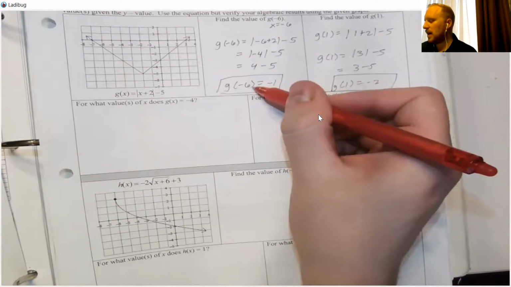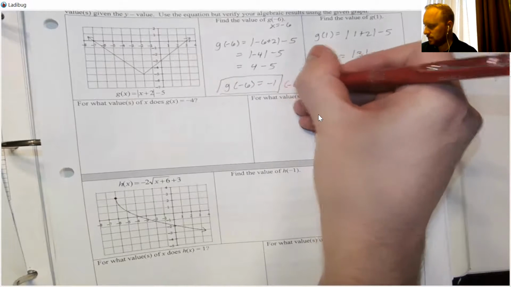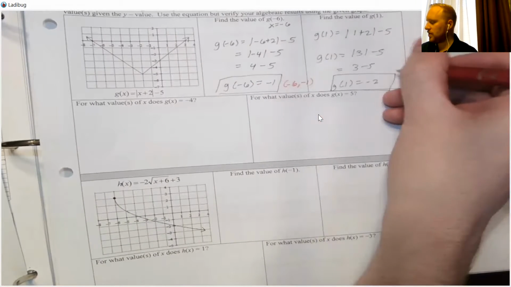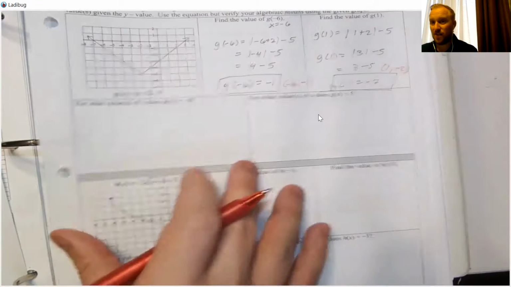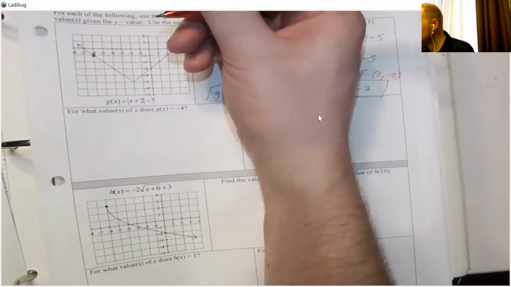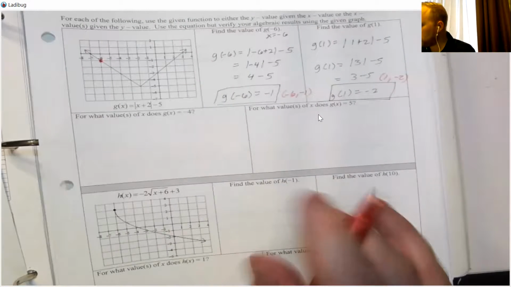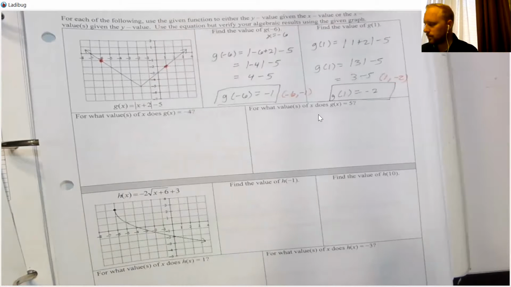Okay, so you'll notice that those two values, g of -6 equals -1, that's -6 comma -1, and then this value here is 1 comma -2. Those values should be on this graph. Let's check. So -6, -1's right there. Good. And 1 comma -2 is right there. Good. It's on the graph.